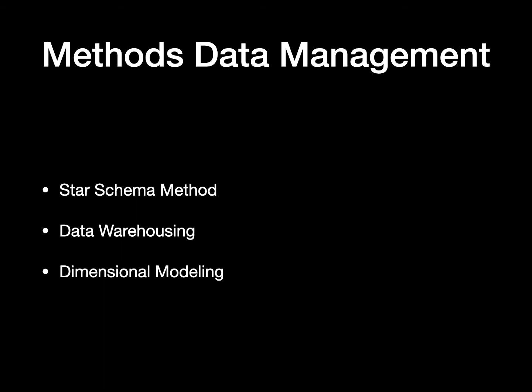Methods of data management. As we discussed, we're going to use the star schema method. We're also going to dive into the data warehousing and dimensional modeling. On the next slide, I'm going to show you the star schema method, which we have elected to use for this enterprise data management.